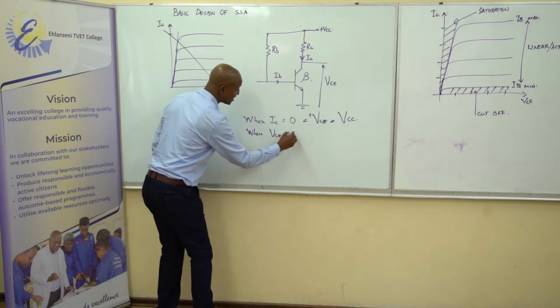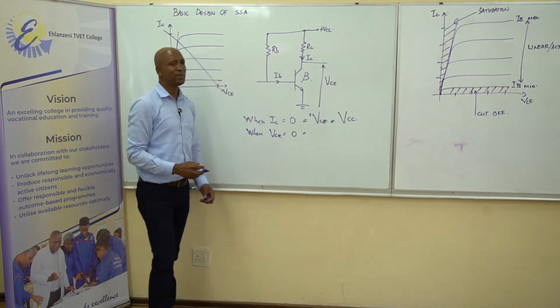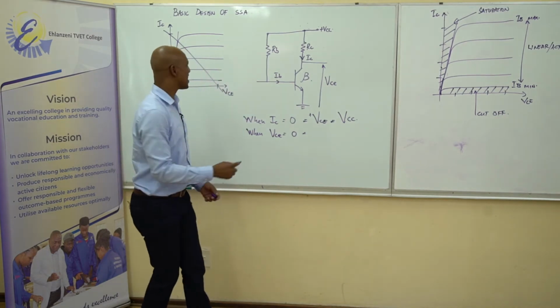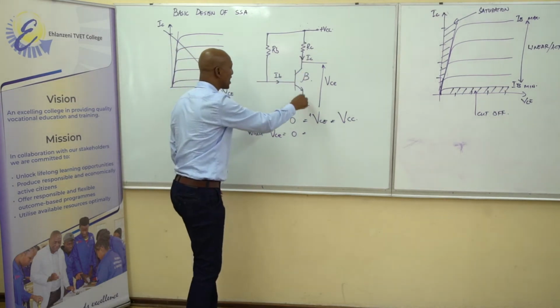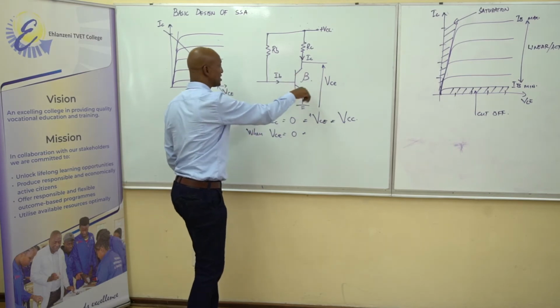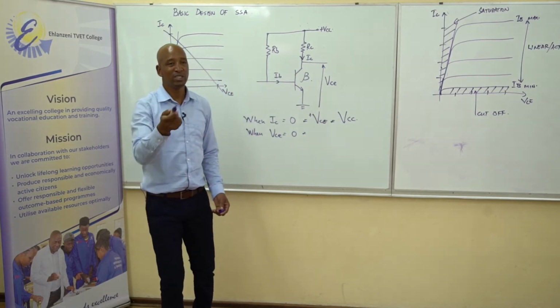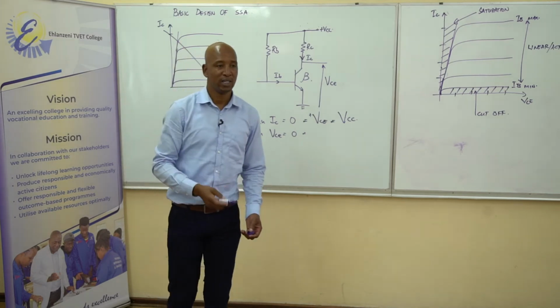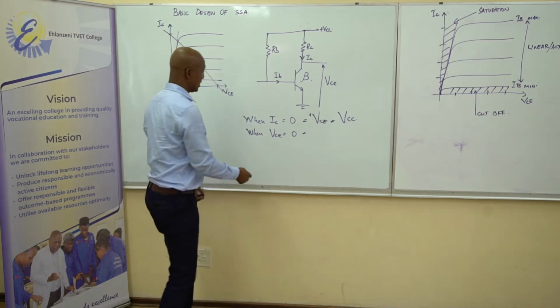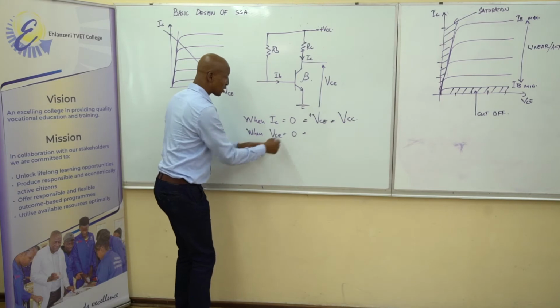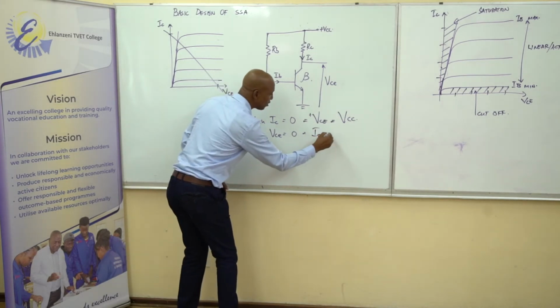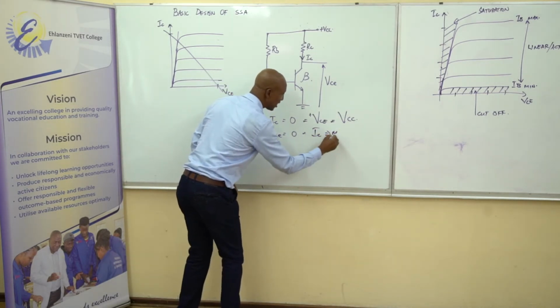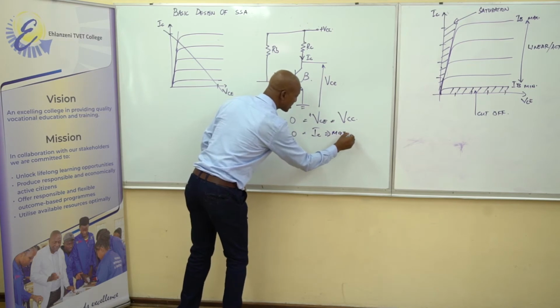Now, let's look at what happens when VCE is 0. It tells me that I have a maximum current IC flowing, such that this transistor looks like an ordinary conducting wire. So when VCE is equal to 0, IC will be maximum.